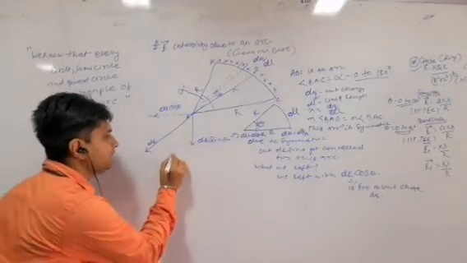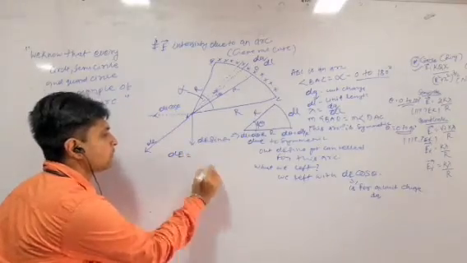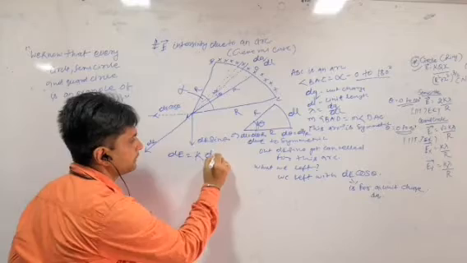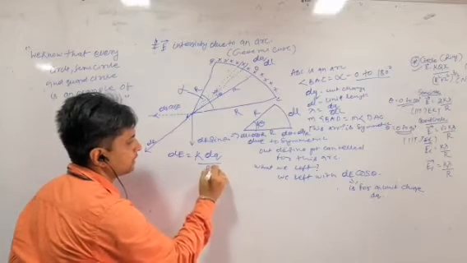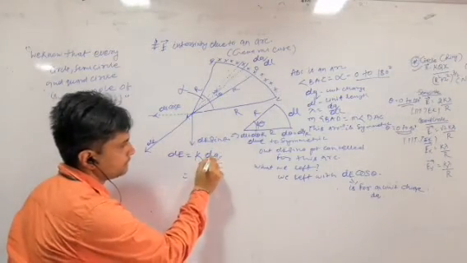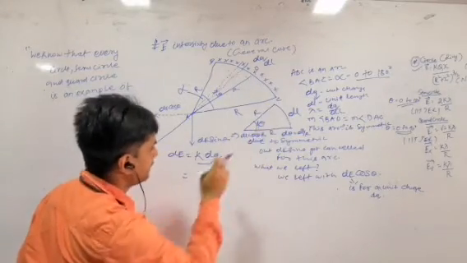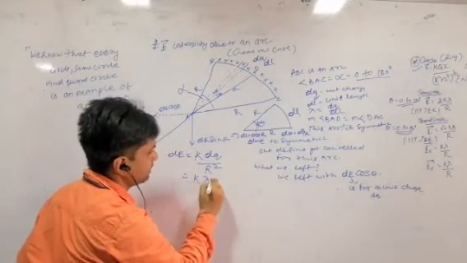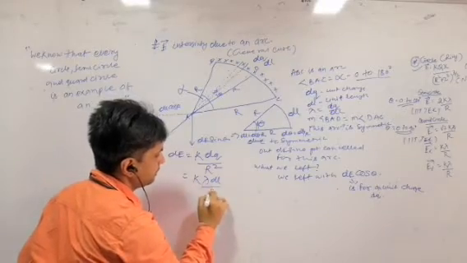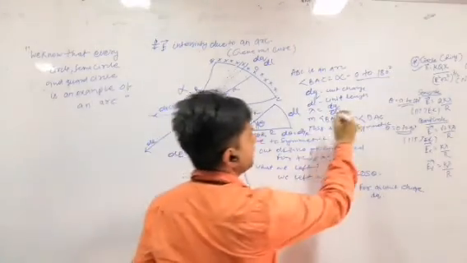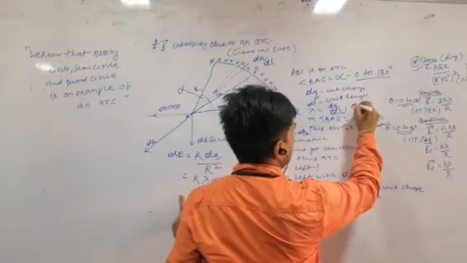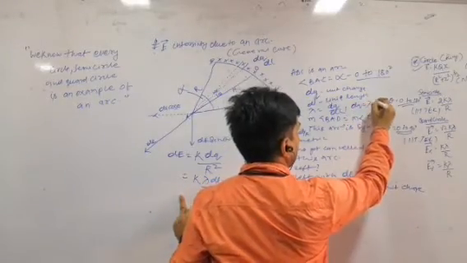So we have to calculate dE. What is the formula for dE? Every time we will have the same thing: k dq by r square. What is dq? dq is equal to lambda dl.